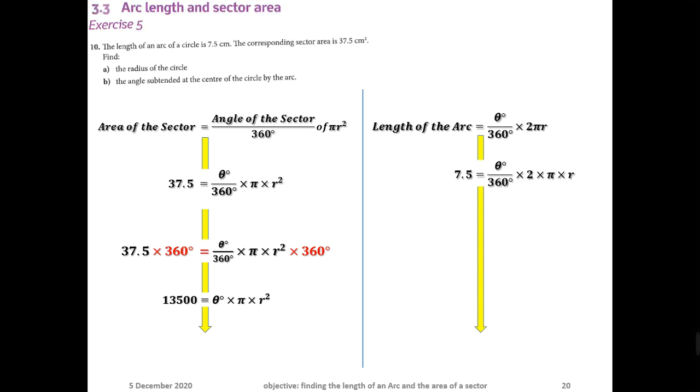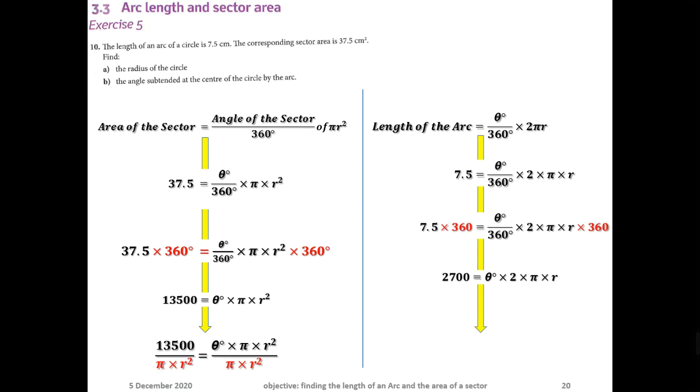Again, we have an equation with two unknowns, theta and r, and again I'd like to make theta the subject, while you can choose making r the subject. That's totally up to you. If we're making theta the subject, we apply the opposite operation by first getting rid of the denominator by multiplying the whole equation by 360. So it's going to be 2,700 is equal to theta times 2 pi r.